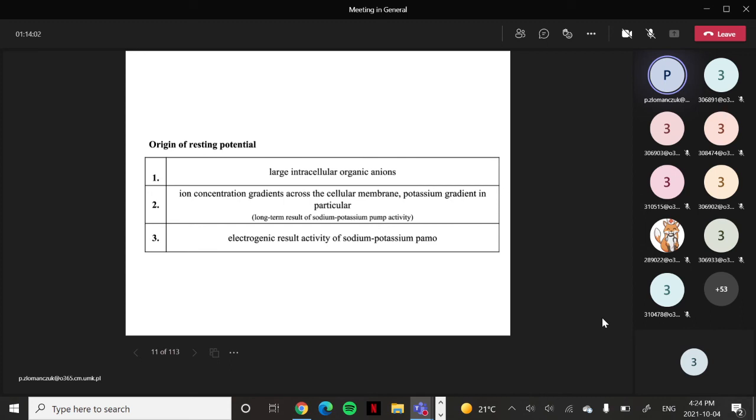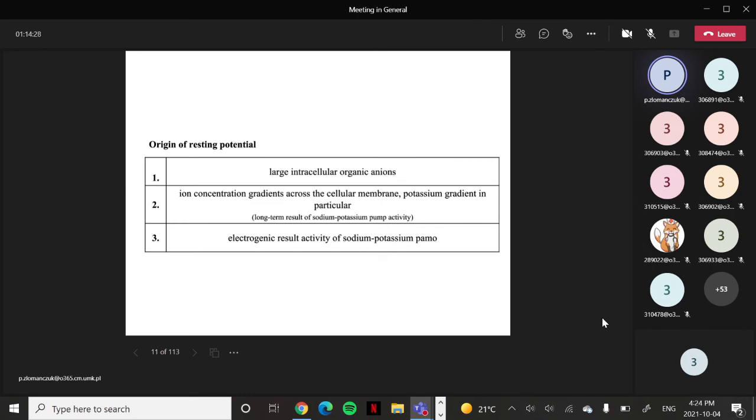So you have here large intracellular organic ions. We talked about them moments ago. They are sitting inside of the cell, they are large, and they contribute to this negative resting potential. The third point in this table is the electrogenic result of sodium-potassium pump activity.